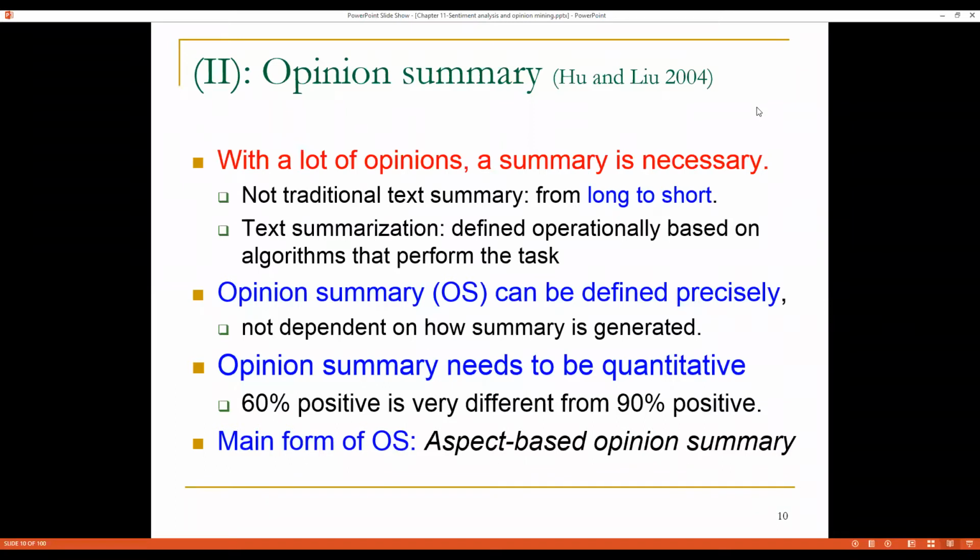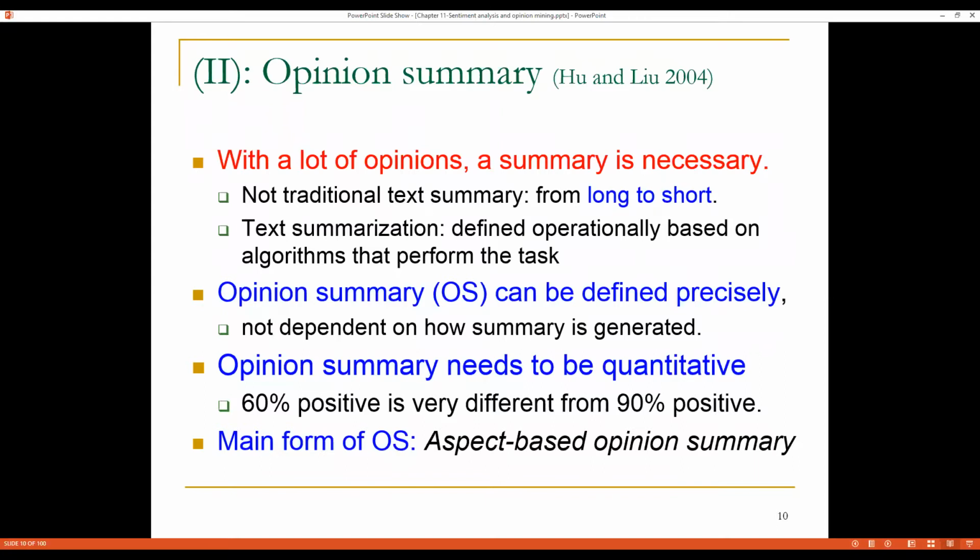So with an opinion summary, when you have a lot of opinions, a summary is going to be necessary. This isn't a traditional text summary from long to short. It's going to be a text summarization defined operationally based on algorithms that perform the task.